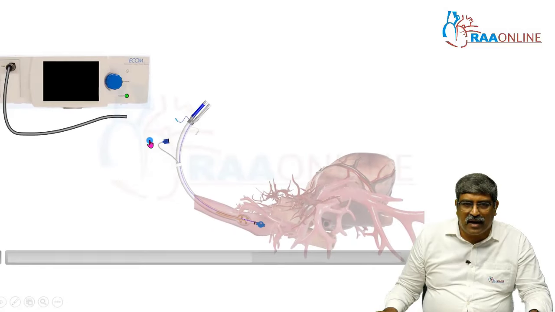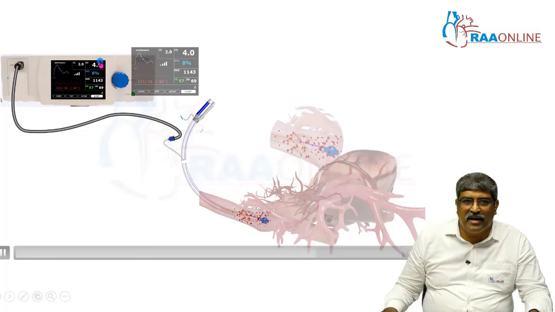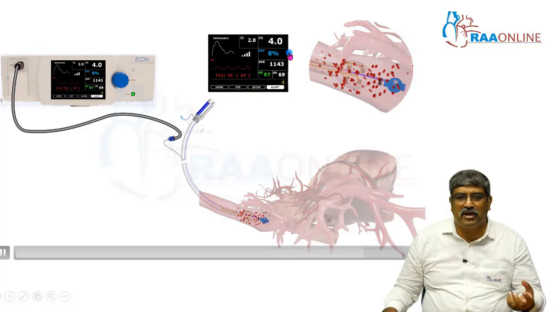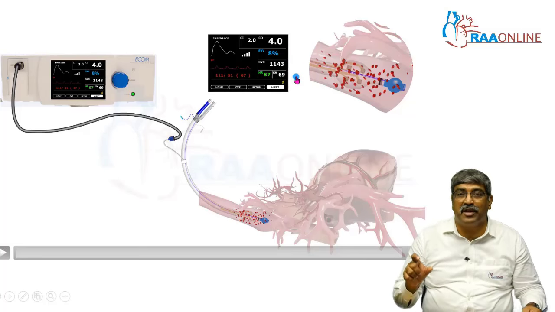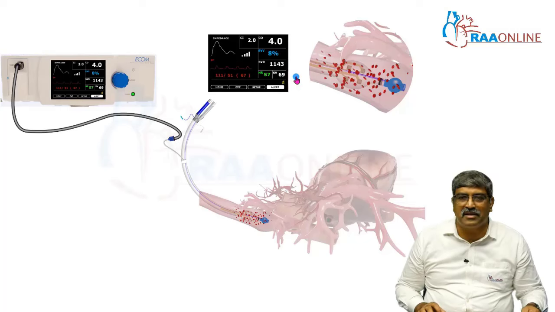Here you can see the connector being connected to the monitor and the blood flow being sensed by the sensor, and it is reflected as cardiac output in the monitor. This is how you can calculate the cardiac output using a double-lumen tube. This becomes very important when there is going to be hemodynamic instability during thoracic surgery.